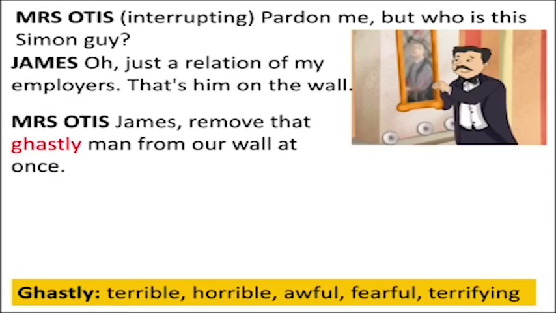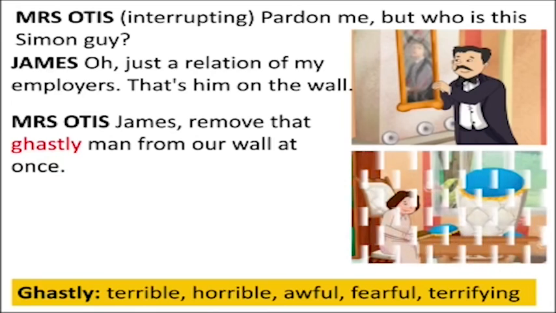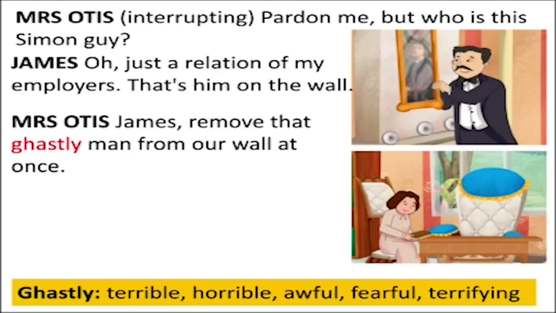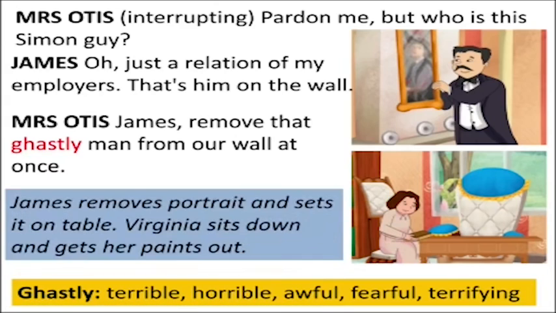Ghastly means terrible, very horrible, awful, fearful, and terrifying. So Mrs. Otis asks James to remove that portrait from the wall, which was very horrible and fearful. Next, James removes the portrait and sets it on a table, and Virginia sits down and gets her paints out. Here in the picture we can see that Virginia is taking out her paints and she keeps the paints on the table.